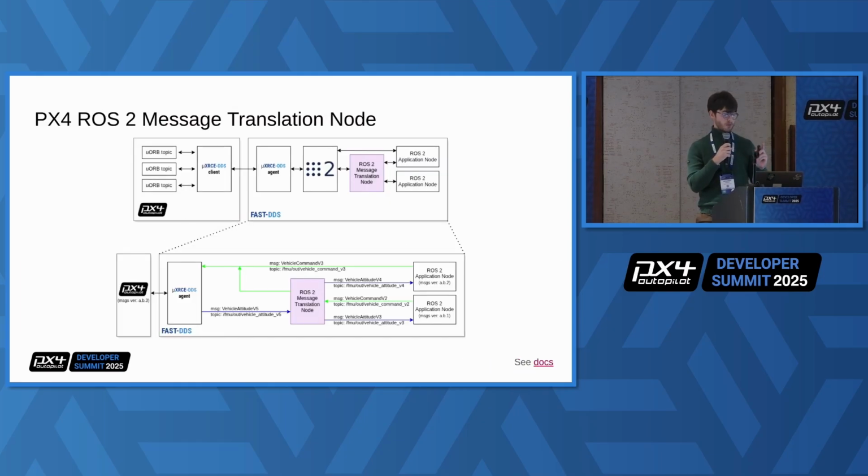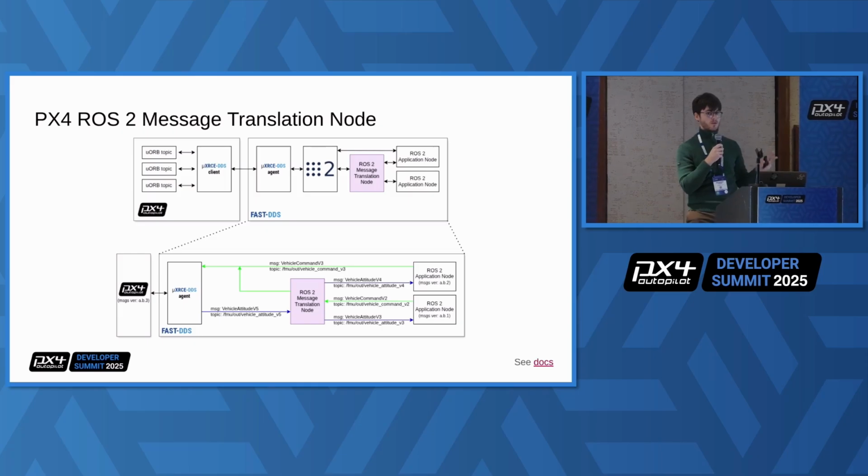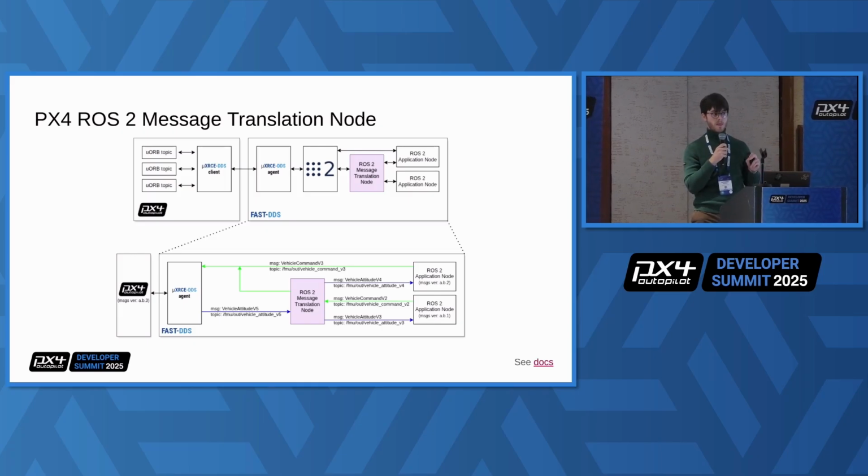Okay. I just want to briefly mention that there is a package currently hosted inside the PX4 repo, and there is documentation on how to export it in your ROS2 workspace, that lets you handle message translation. I don't know if you noticed, some messages of PX4 are now called versioned messages. They're core PX4 messages.